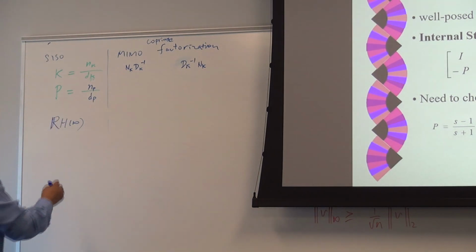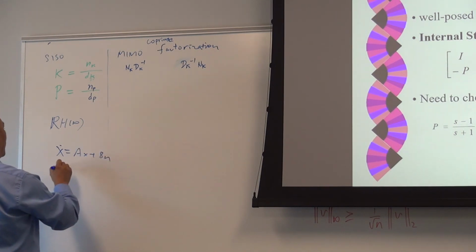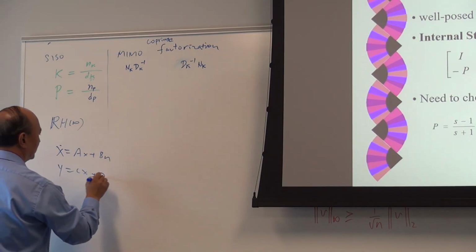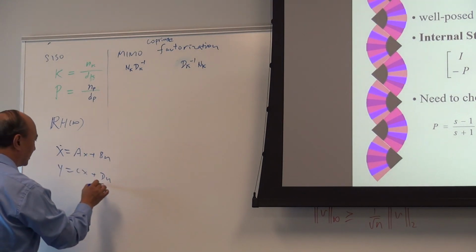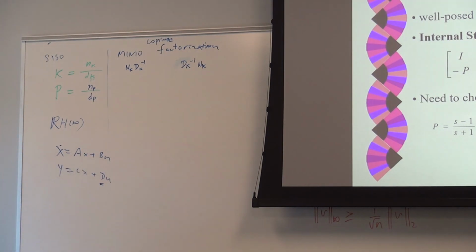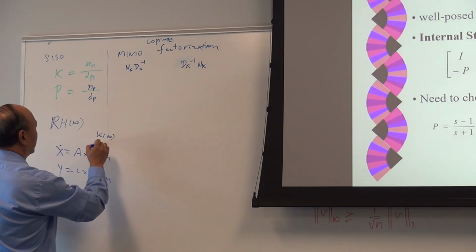So in other words, it's like x dot is ax plus bu, y is cx plus du. In other words, this thing is linked to the d term, the infinity, k infinity, and p infinity.